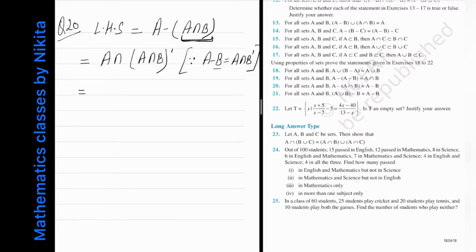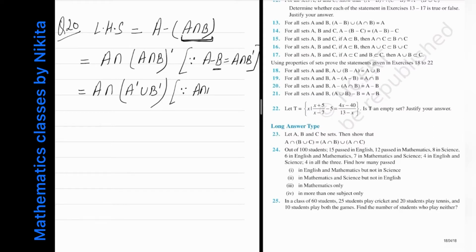Whatever I am writing here is just for the understanding of which property of sets I am using. Now this will be equal to A intersection (A intersection B) whole complement. So therefore this will be equal to A intersection (A complement union B complement). Which property have we used?